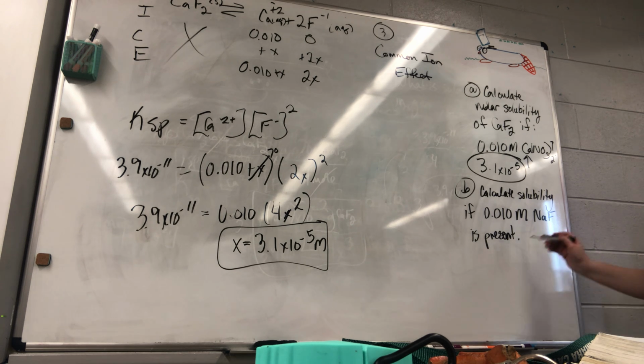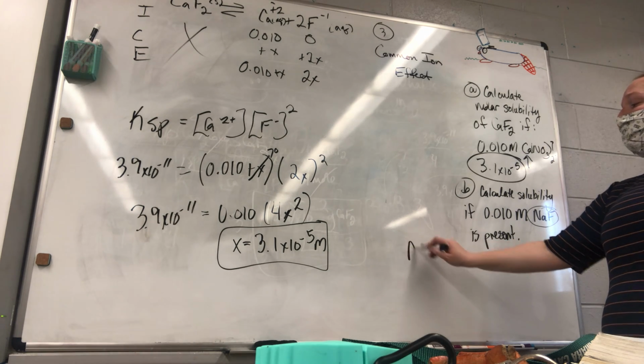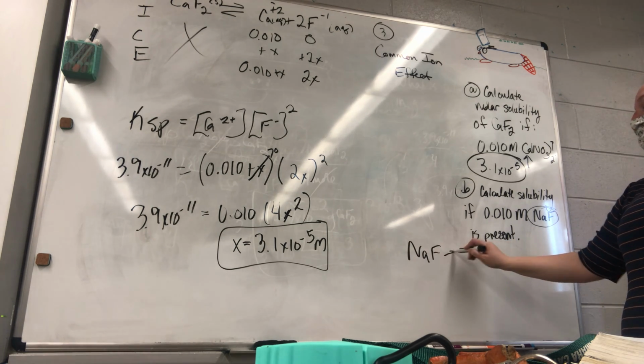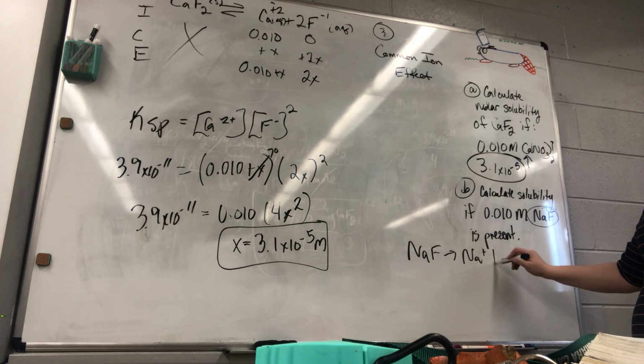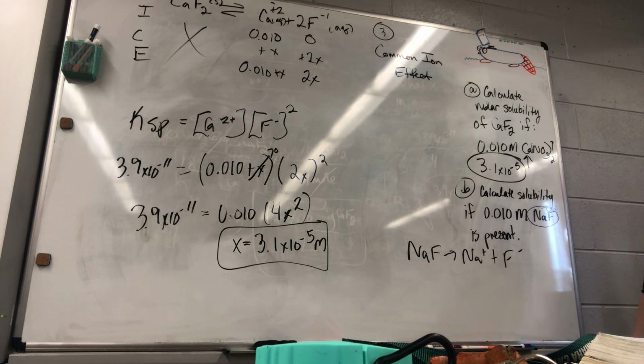So now, NaF, is there an Na in our equation? Absolutely not. Do we care about the sodium? No. We don't. Do we care about the fluorine? Yeah. We do. When sodium fluoride dissolves, it leaves behind an F negative.